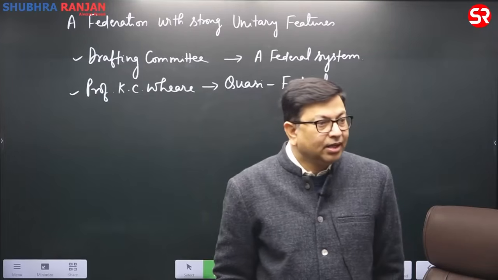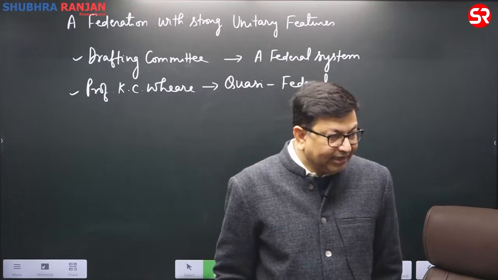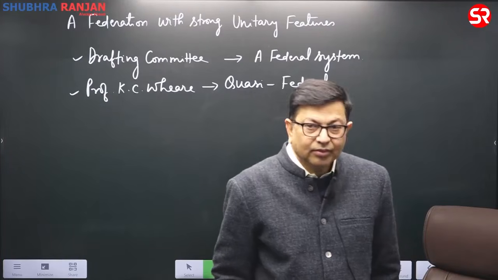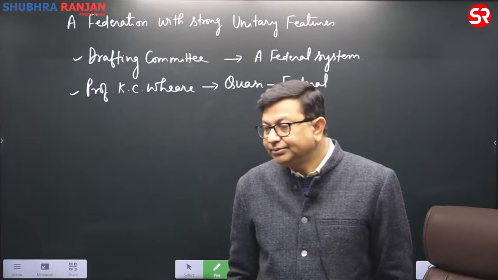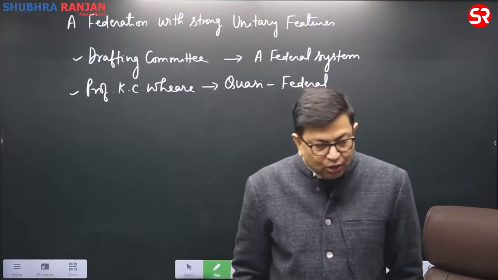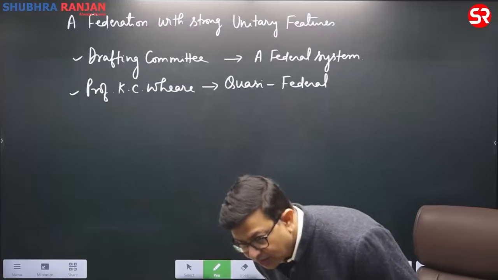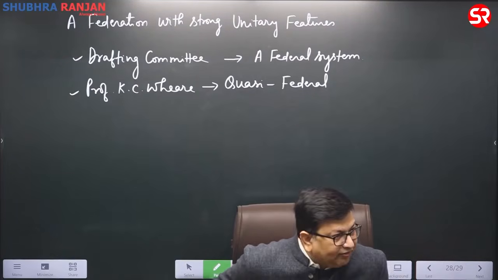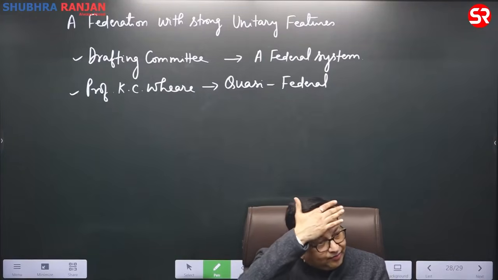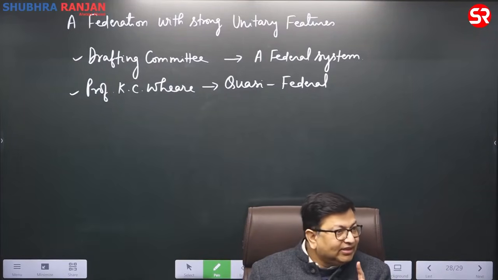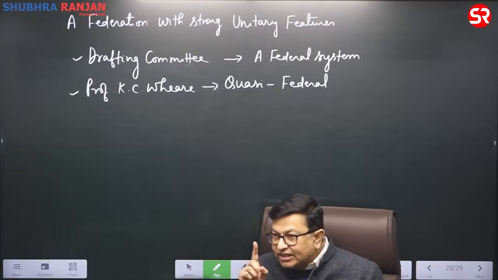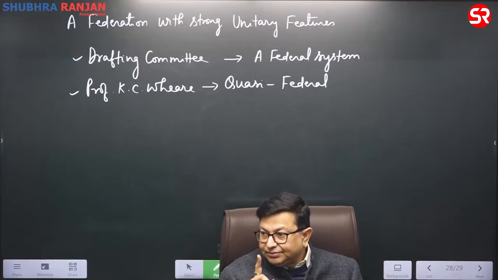Next, Article 3 authorizes the Parliament to alter the area or boundary of a state, or change the name of a state.